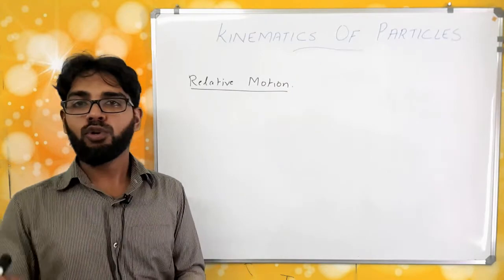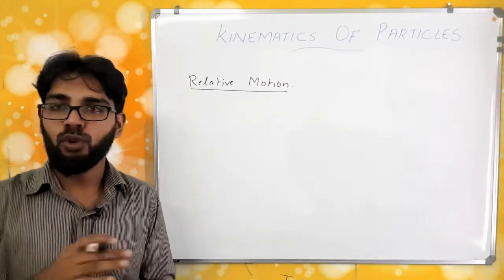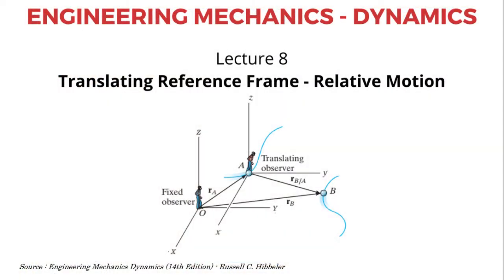Consider I have two particles A and B undergoing motion along their paths as shown in this figure. The absolute position of the particles may be expressed in terms of the fixed reference frame capital XYZ with the help of the position vectors RA and RB.